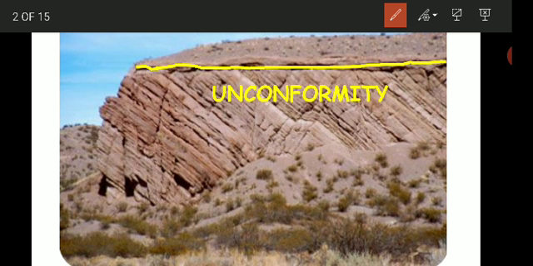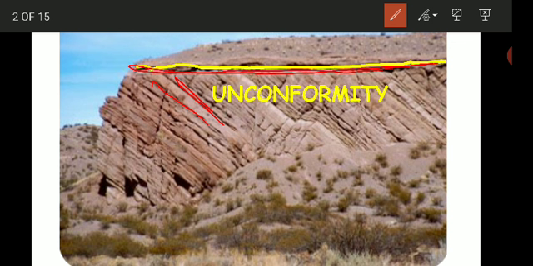So what is the unconformity? This line shows the surface of erosion. During that gap after the formation of these beds, either erosion took place or there was no deposition on that surface. So that surface of erosion or non-deposition occurs within a sequence of stratified rocks.